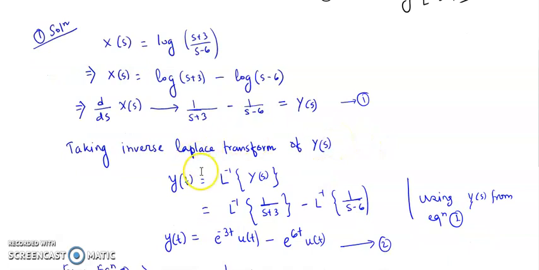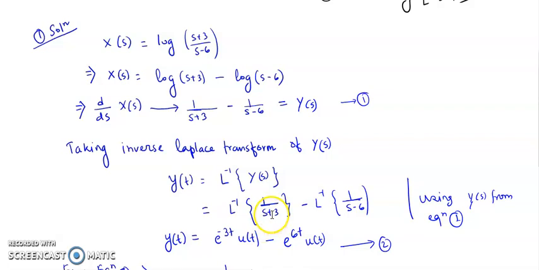Now you see that if we take the inverse Laplace transform of this part only, keeping the rest aside, the inverse Laplace transform of Y(s) is y(t), and we need the inverse Laplace transform of 1 by (s plus 3) minus that of 1 by (s minus 6). We can use the property that e to the power minus a t u(t) has Laplace transform 1 by (s plus a).